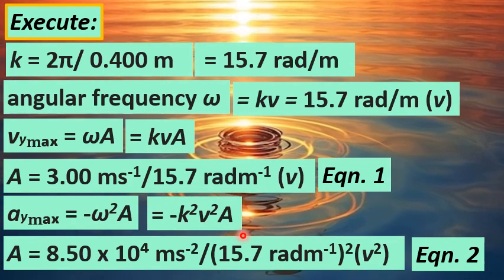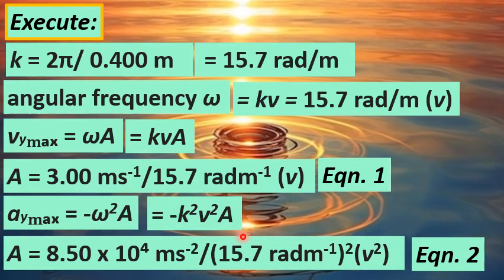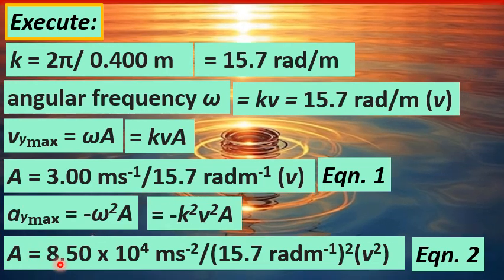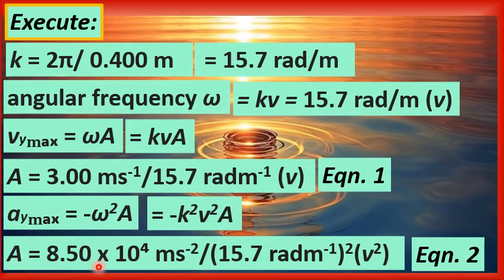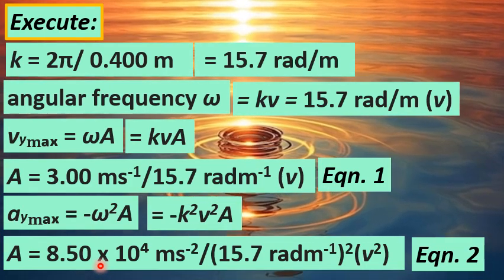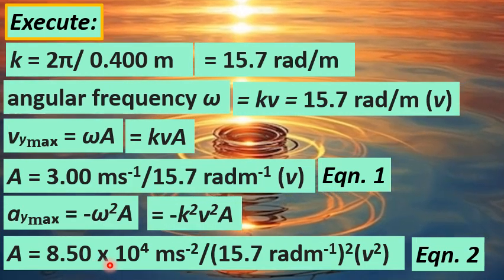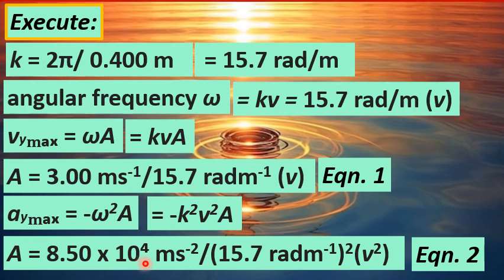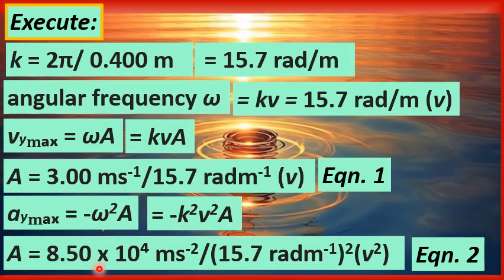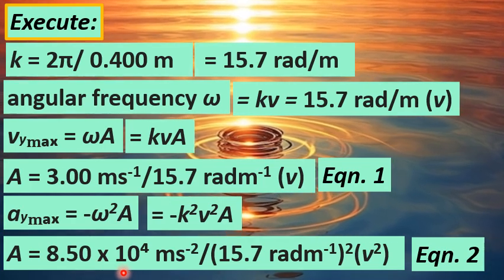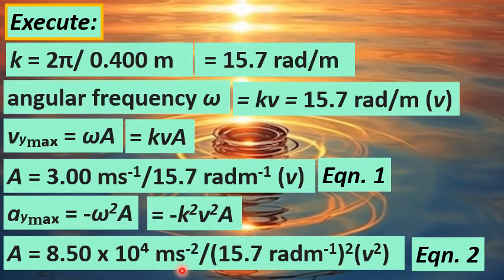So, with amplitude A isolated, that can be expressed as the acceleration, that is given as 8.50 times 10 to the 4th meters per second squared.